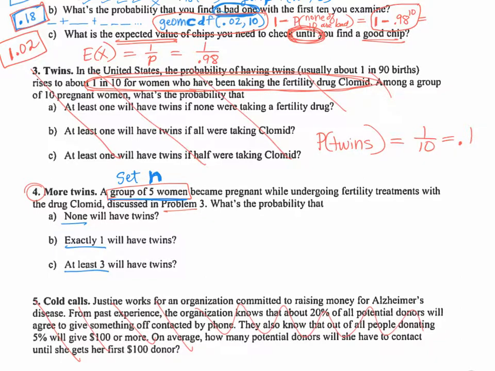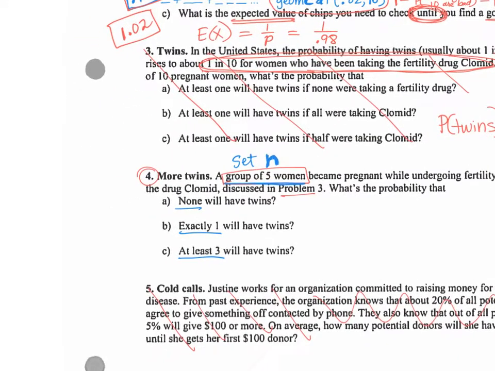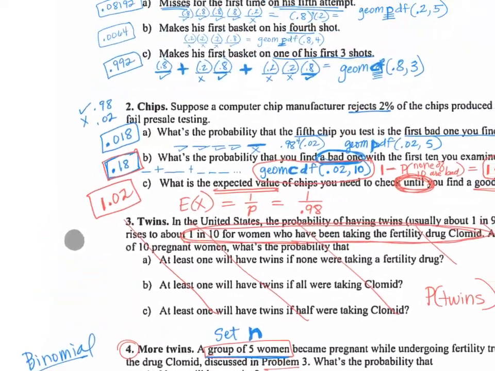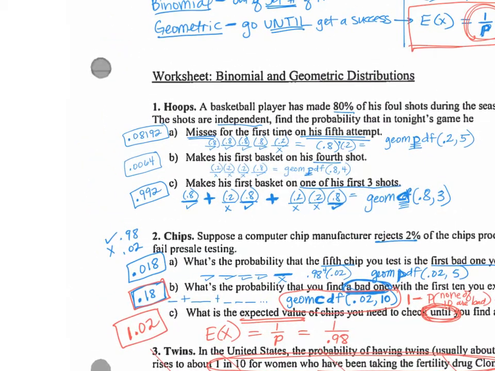So this is a binomial problem because we have a set number of trials. Whereas problems 1 and 2 up here were both geometric because for those two, we were going until we had a success.